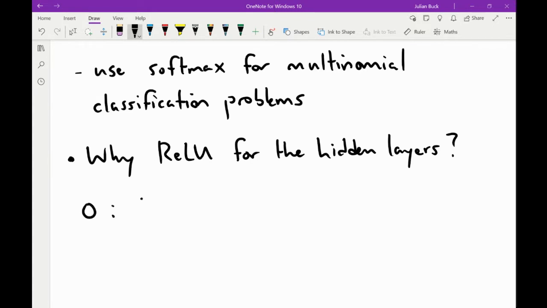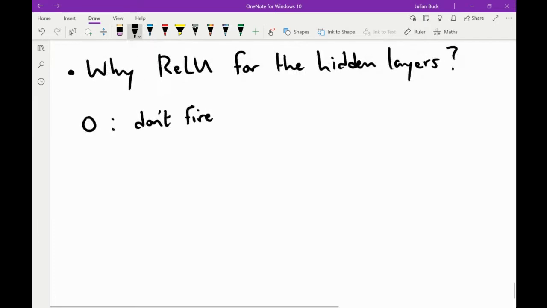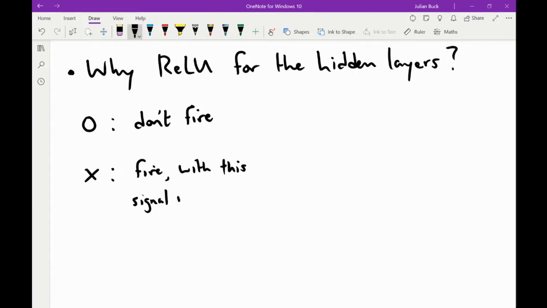If it outputs a 0, that's just saying don't fire. And if it outputs a positive value x, it's saying fire, with this particular signal intensity. So whatever your net input is at that step, just fire that out as the signal.